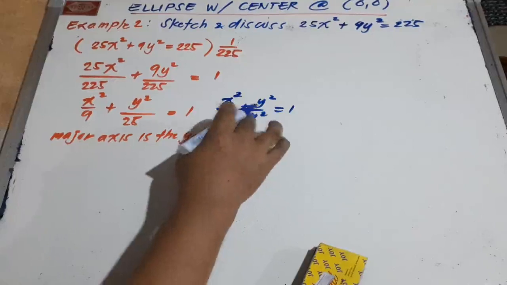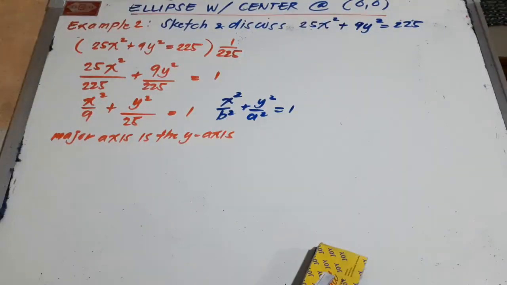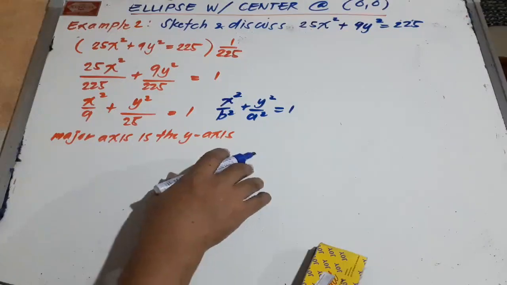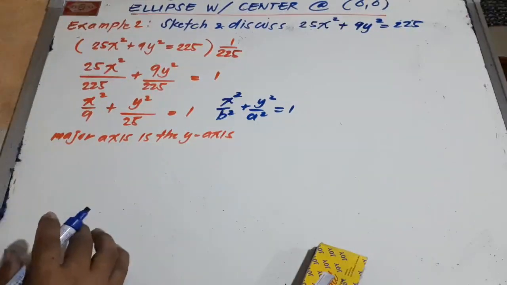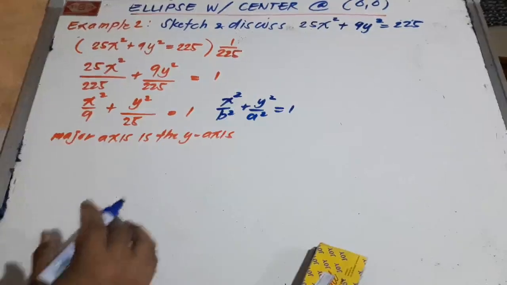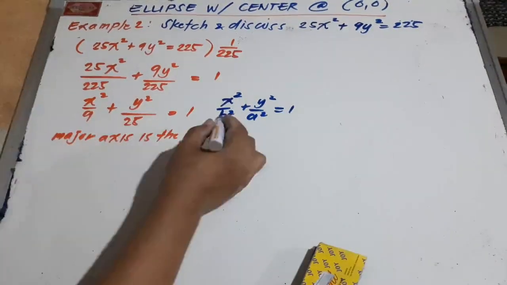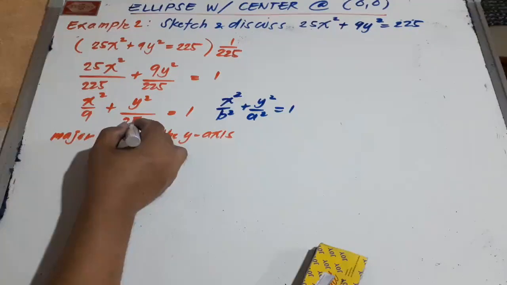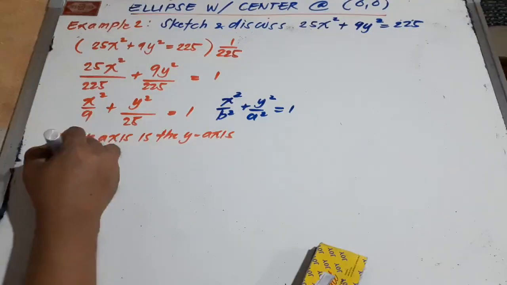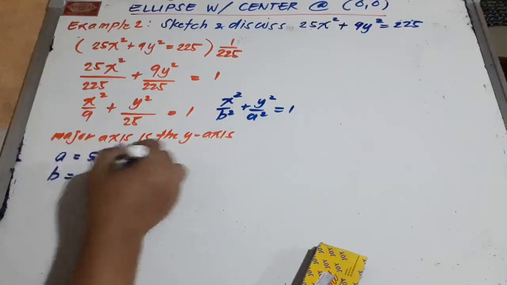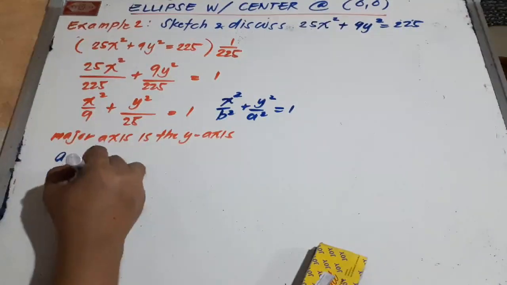Baka kayo malito, nagkabaliktad lang kasi yung aking equation na pinakita sa inyo before, yung y squared ang nauuna. Pero parehas lang yun kasi plus lang naman nagsaseparate sa dalawang expressions. So, ibig sabihin, commutative naman ang addition. Okay? Kahit magkabaliktad. Therefore, a equals square root of 25, therefore, a equals 5. B equals square root of 9. So, that will be 3.